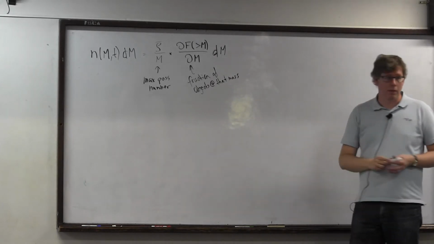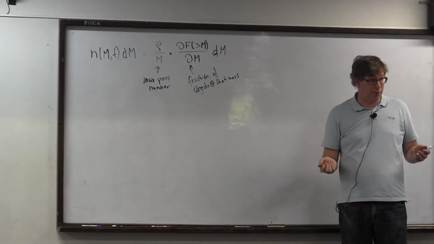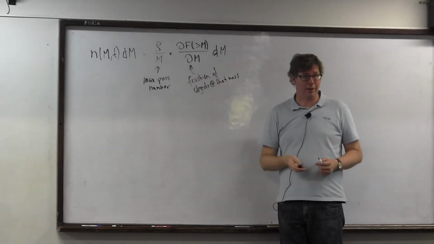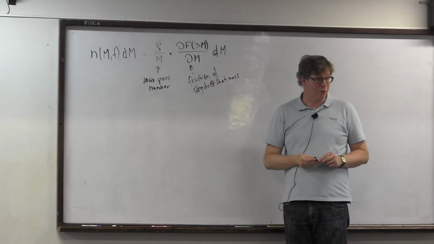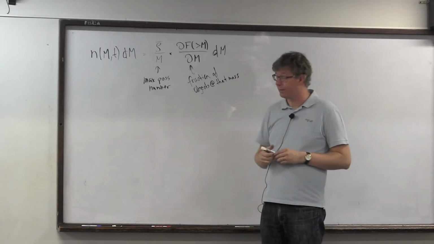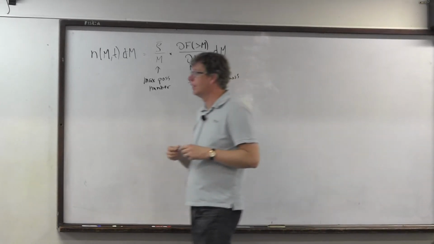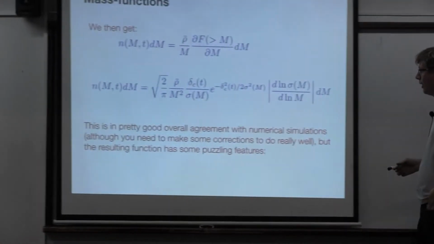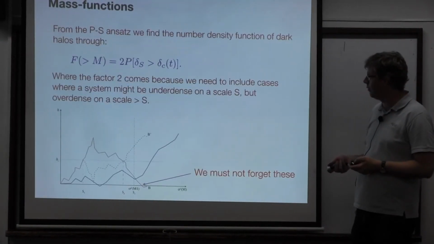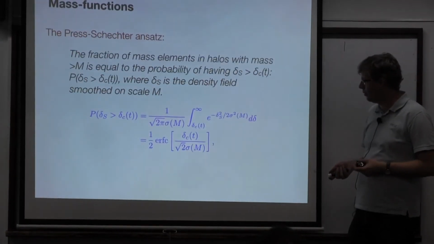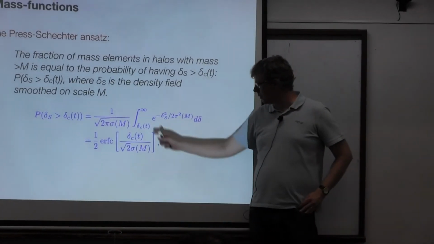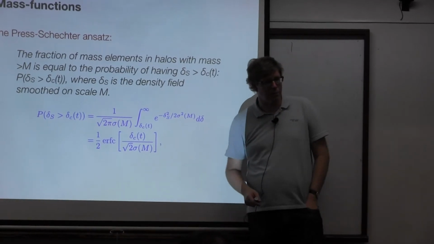Okay. So that's what you need to count galaxies. This is the maximum number, and here I just want to calculate the fraction that actually formed objects at that mass. And then I can put that in. It's not too hard to do that, except you need to get this factor of 2, and then you need this expression here. The derivative here is going to be just the exponential argument.